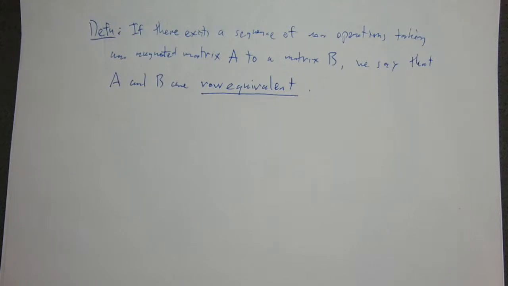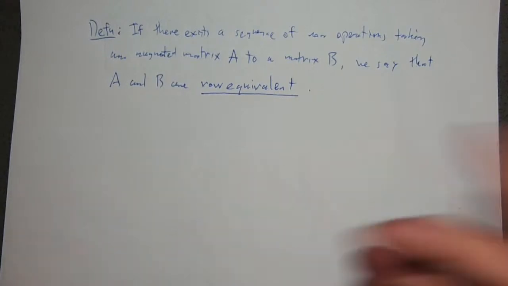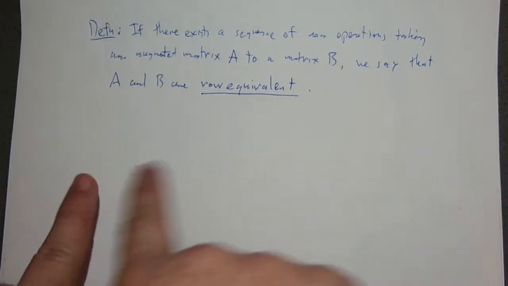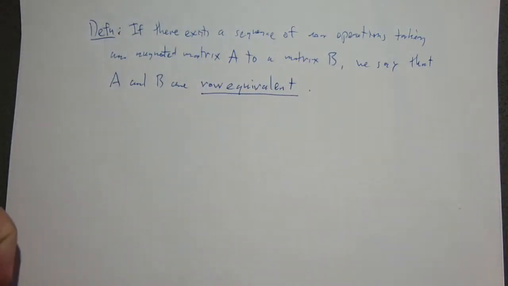So if you have two matrices and there exists a sequence, it doesn't matter how long it takes, there's some sequence that takes you from A to B by some number of row operations, in whatever combination, then those matrices are said to be row equivalent.